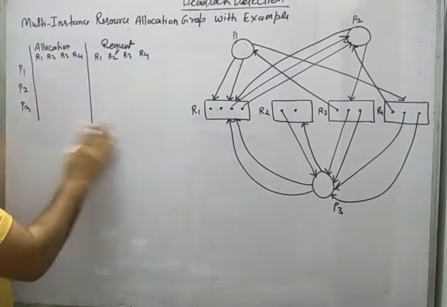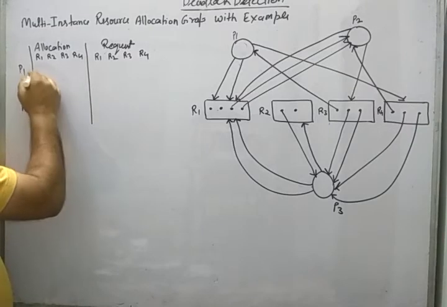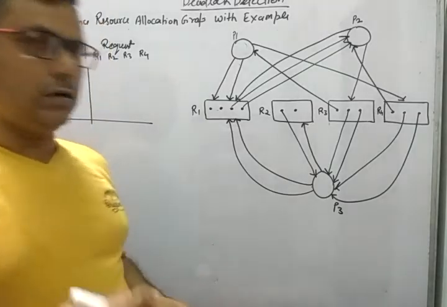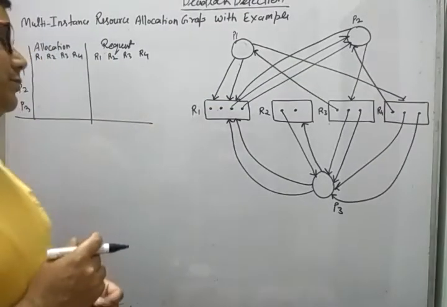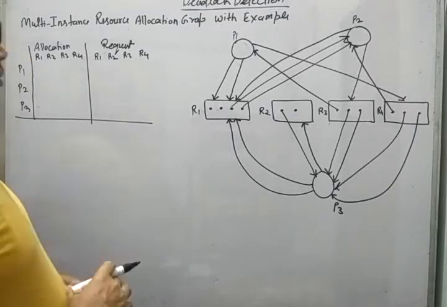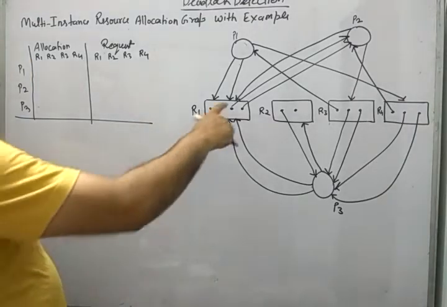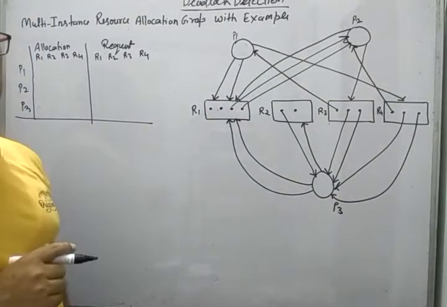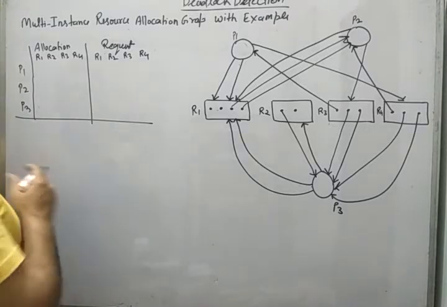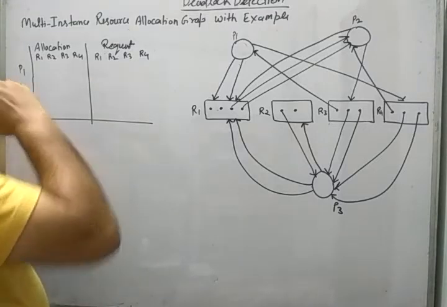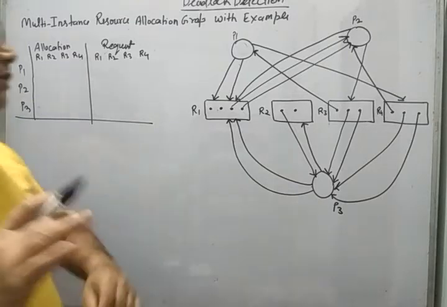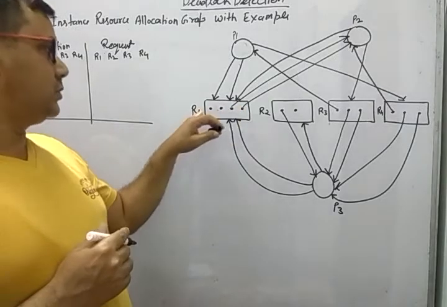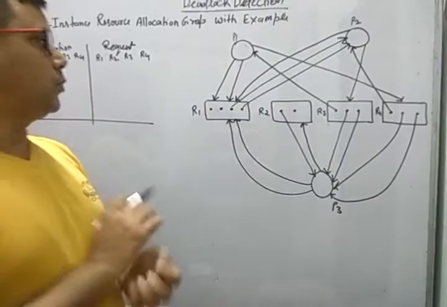Now first of all, look here, resource R1, 2 instances are assigned to the process P2. If we view this table process-wise, first look here, the process P1.